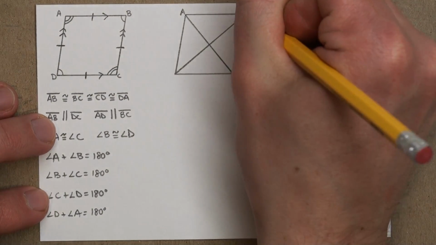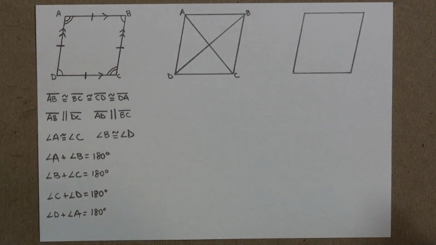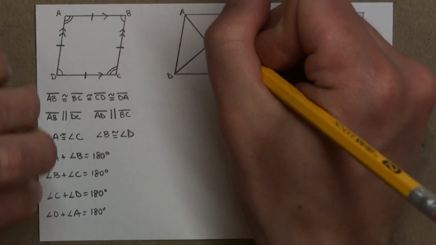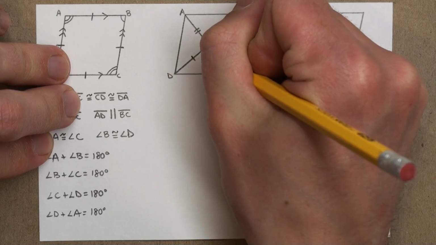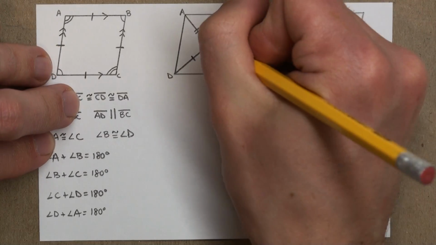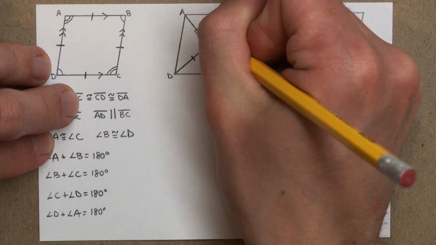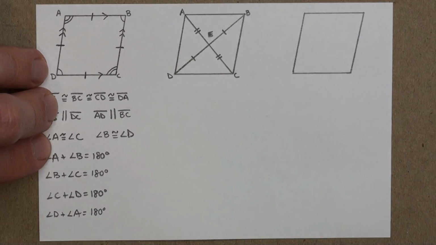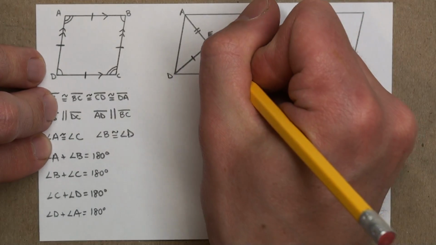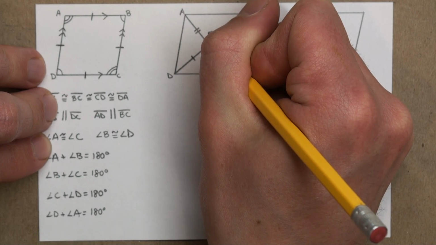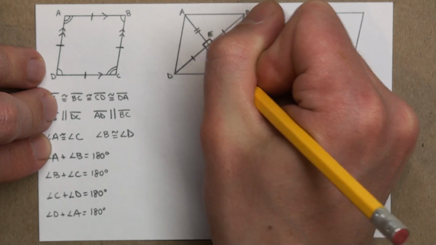So let's see here. We have A, B, C, and D. Now, for the parallelograms, we know that the diagonals bisect each other, so that's still true. Okay? And we'll call this E right here. Now, one of the additional properties for a rhombus is that the diagonals are perpendicular to each other, so they form 4 right angles.